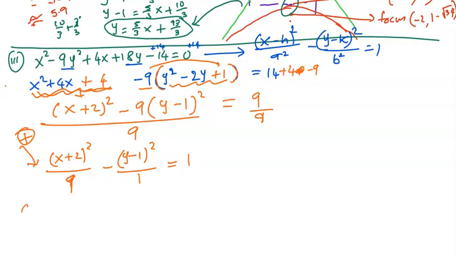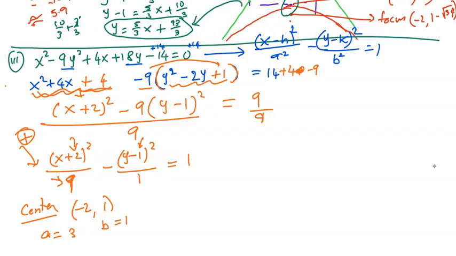What's my center here? My center is -2, 1. So -2 and then 1 from here. What's my a? a is going to be 3, because a squared is 9. And b squared is 1, so b is 1 again.